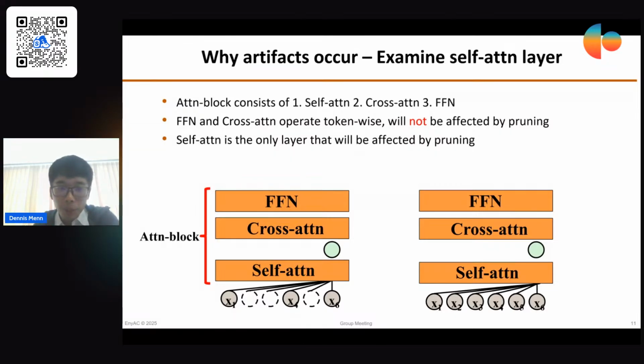And I would say feed-forward network and cross-attention is likely not the cause, because FFN and cross-attention operate token-wise, so the presence of other tokens does not influence the output of the input token.